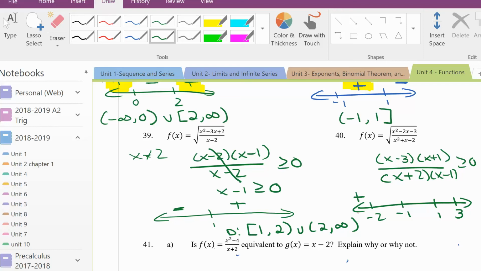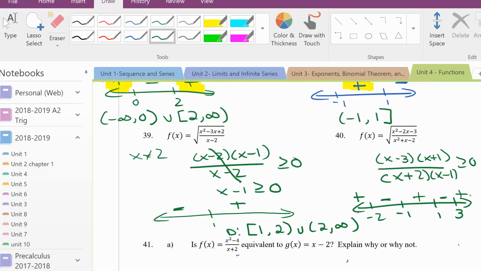Negative and negative, which is positive, so it gives you negative. 0 gives you negative over negative, which is positive. 2 gives you negative over positive, which is negative, and 4 gives you all positive.